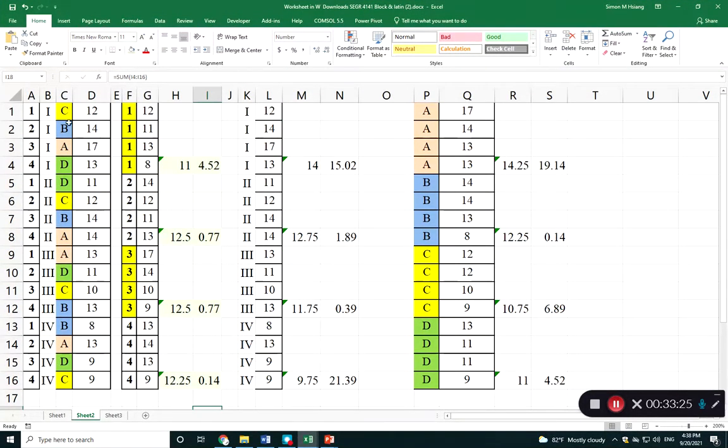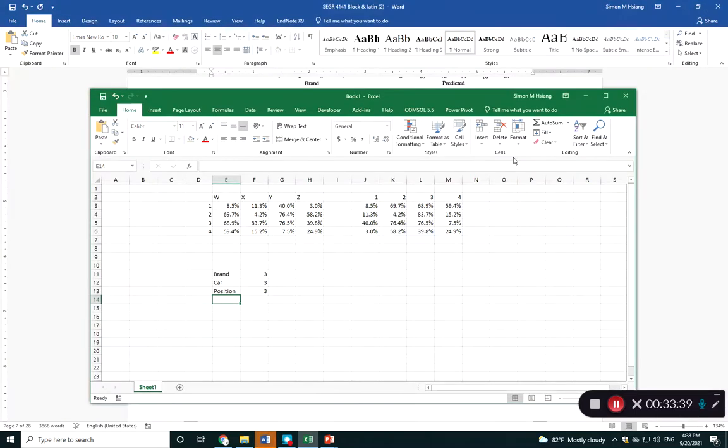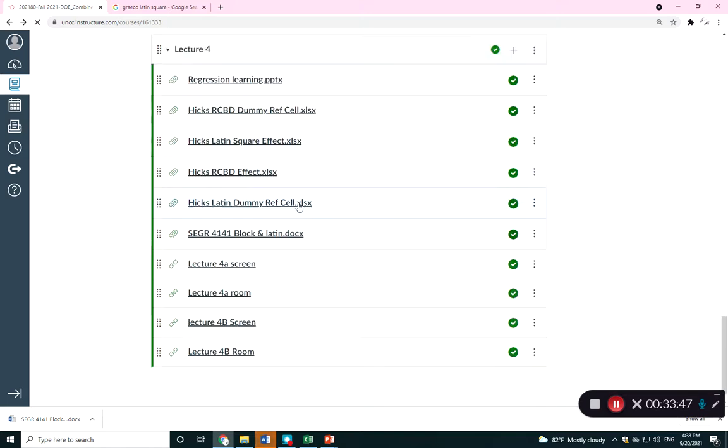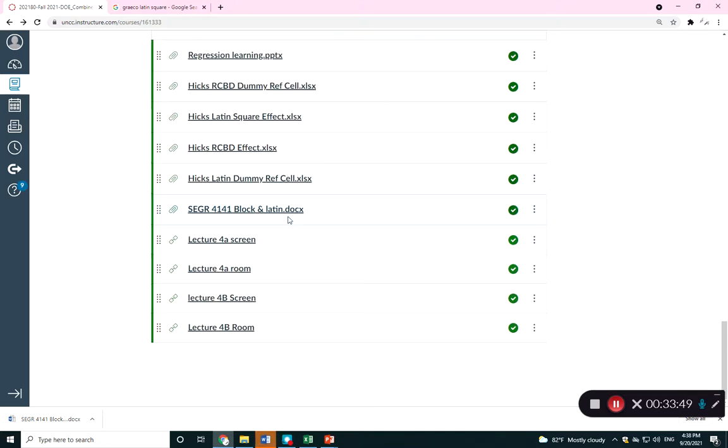So you still have your car effect, or so you rearrange your 16 numbers in a column. And here are the handouts I gave you 2 weeks ago. Okay, so Latin square.